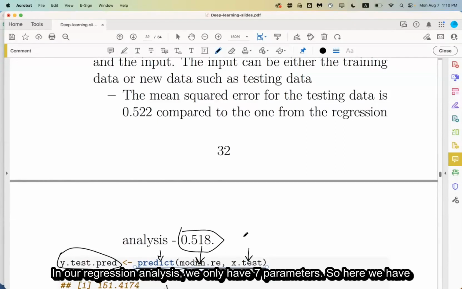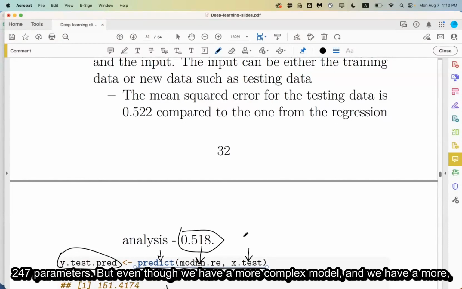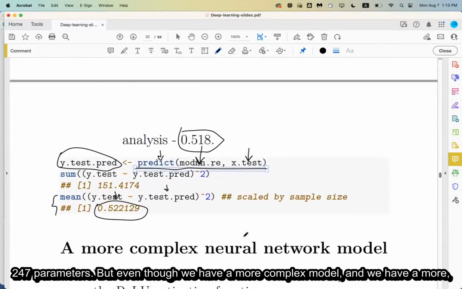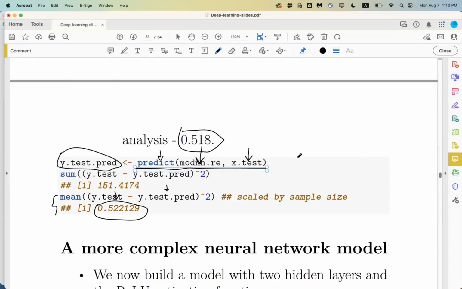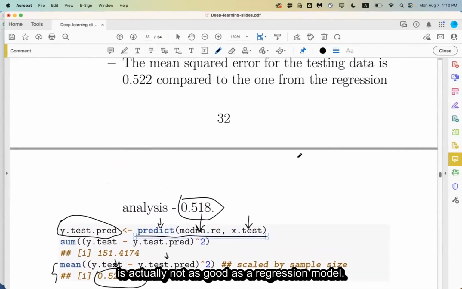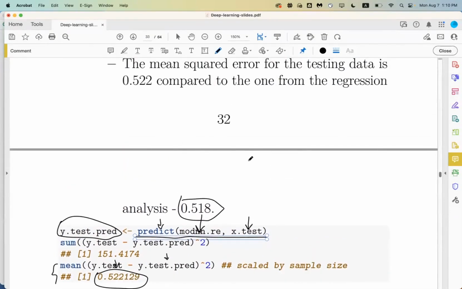In our regression analysis, we only have 7 parameters. So here we have 247 parameters. But even though we have a more complex model and more parameters, the performance of the prediction is actually not as good as the regression model.